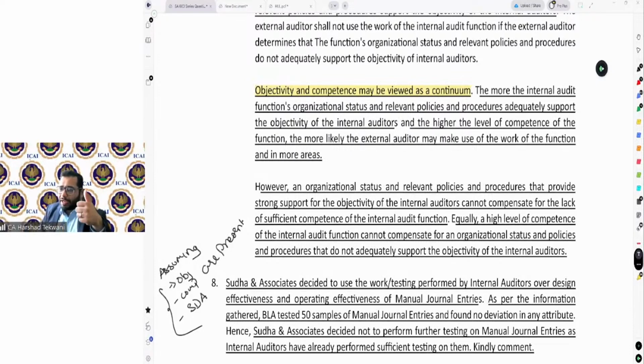I assume the internal auditor has objectivity, competency, and a systematic and disciplined approach. So the associates now want to rely upon the work performed by the internal auditor. Can they do that?